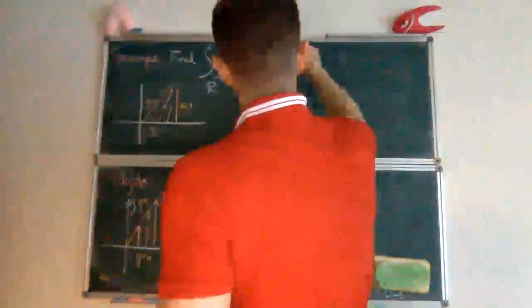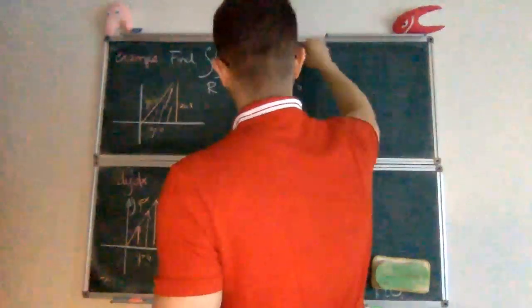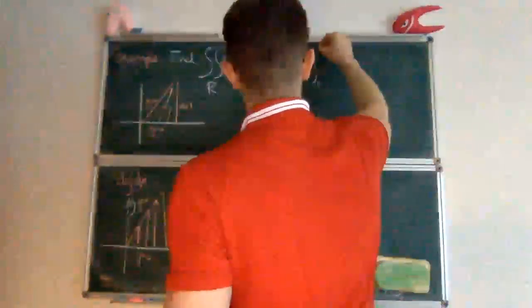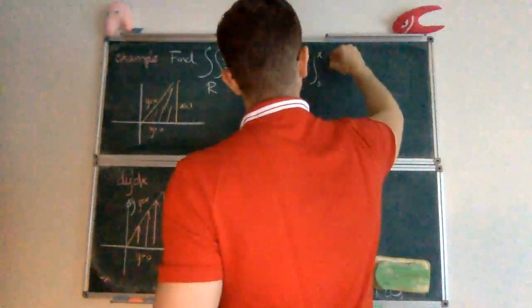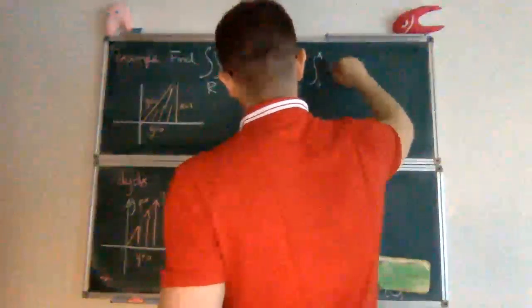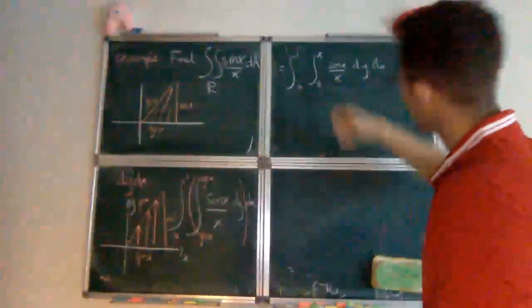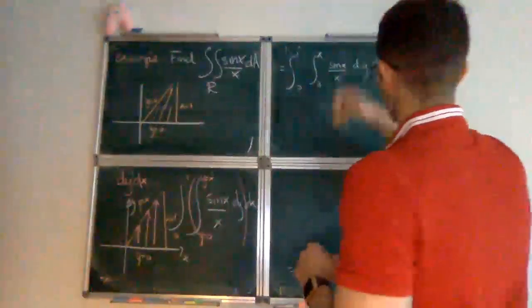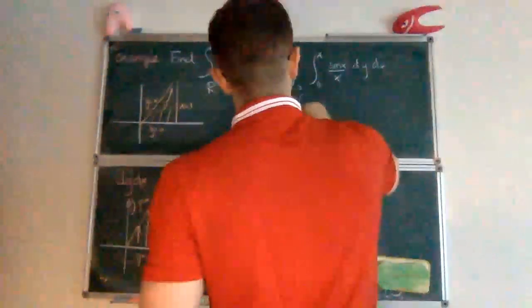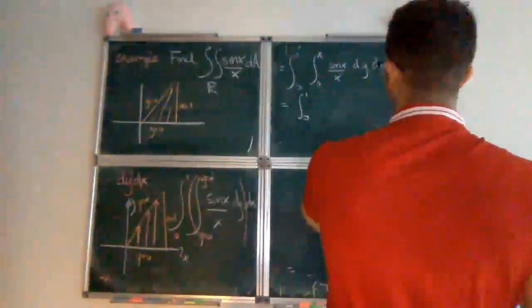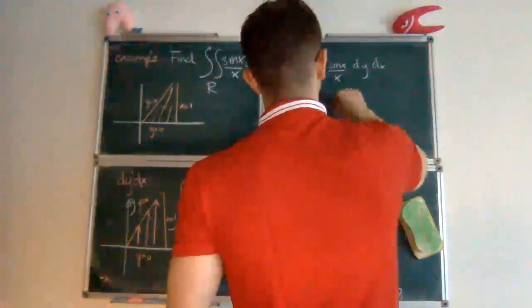And in this case, this gives us, let me just write it again one more time. This is like a constant, because you're integrating first with respect to y, so you just get the integral from 0 to 1 of sine of x over x.